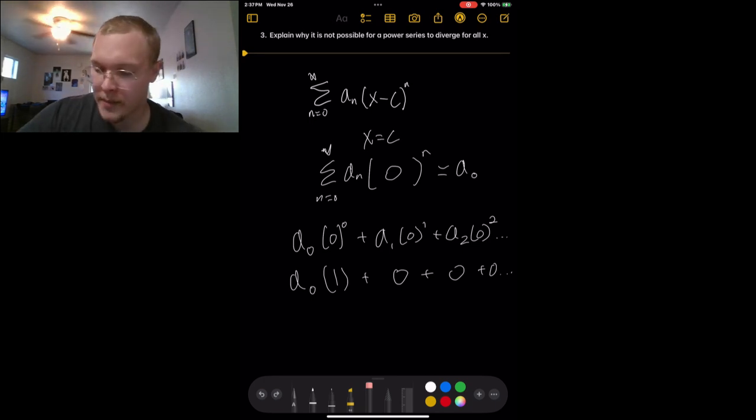So we can see that because the series converges to a sub 0, whatever it may be, we know that any power series at its center will be convergent. And so because any power series will be convergent at its center, we know that it can't diverge for all of x.